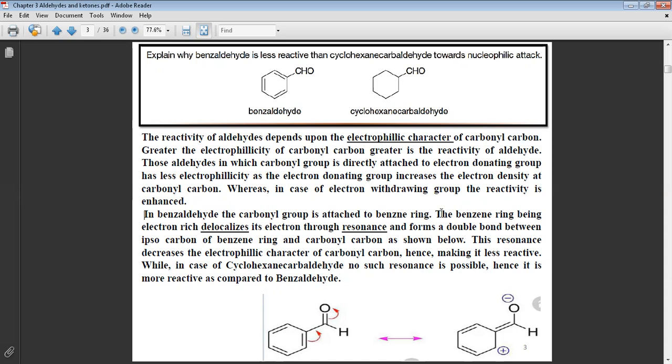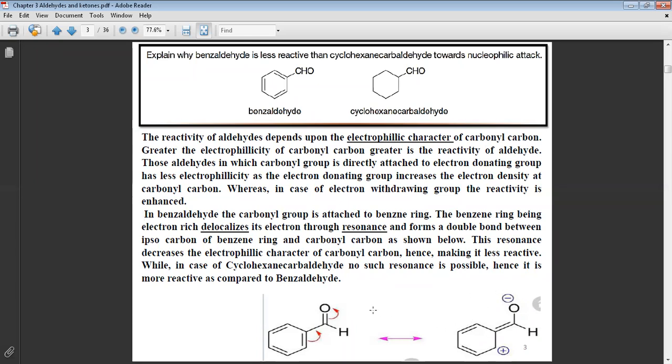We know that the benzene ring is electron rich and delocalized. That means we have resonance here, and the electrons move through resonance and form a double bond between the carbon of the benzene ring and the carbonyl carbon, as shown below. Look, this double bond will open to make a double bond here, and this double bond will open on the oxygen, giving us the first resonance figure. This is the resonance figure.